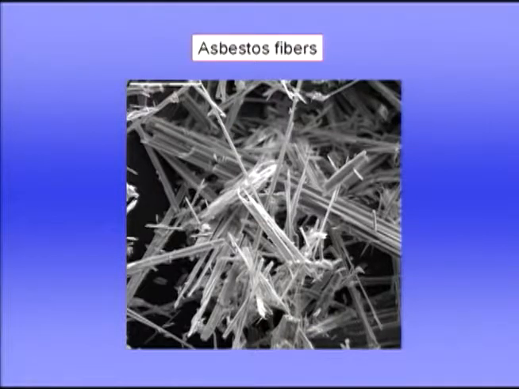And you can see that the fibers are long and thin, and it's thought that they may have an aerodynamic action that promotes their movement far into the lung, a bit like a paper model airplane that you throw and it penetrates to the other side of the room. Maybe asbestos fibers do that.